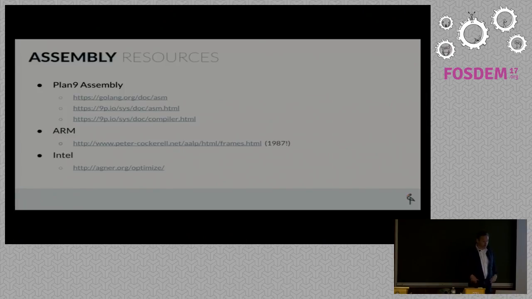If you look at some resources that we have out there, as maybe some of you know, some of the origins of the Go architecture and work go back to Plan 9. Work on that has been done, and some of the assembly still originates back to that.